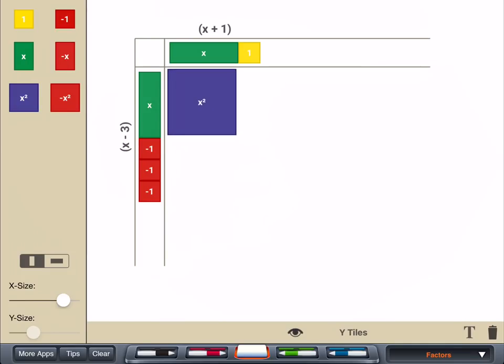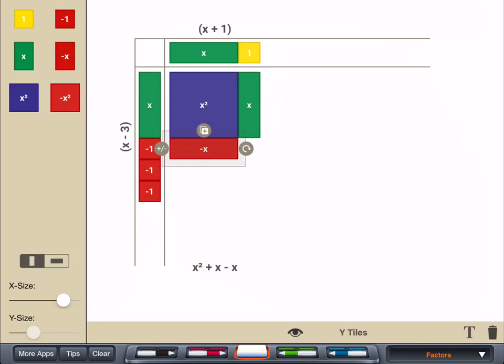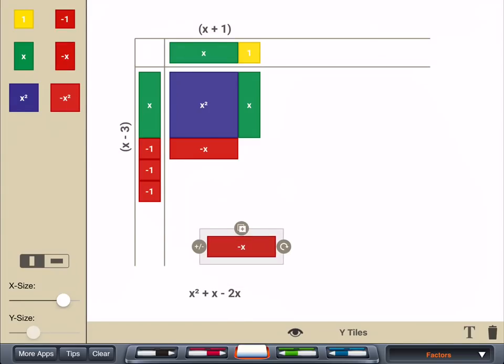So x times x, that gives me my x squared. And then x times a positive 1, this x, times my positive 1 would give me 1x. And then if I do a negative 1 times x, that would give me a negative x. And then negative 1 times x would be another negative x.